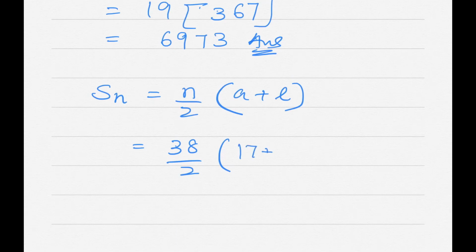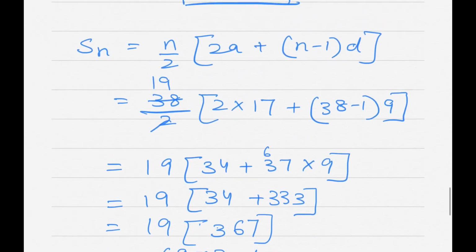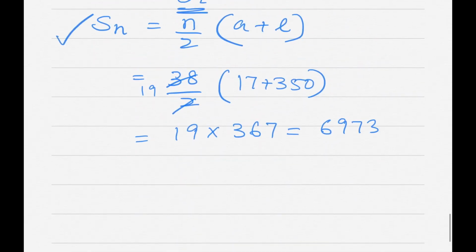Okay, so this also I'll get the same thing, because this will be 19 here and this will be again 367. So I'll get the same answer as the previous one, 6973. So any of these formulas you can use. Either you can use this one or you could do this one. So I think that latter one is easier.